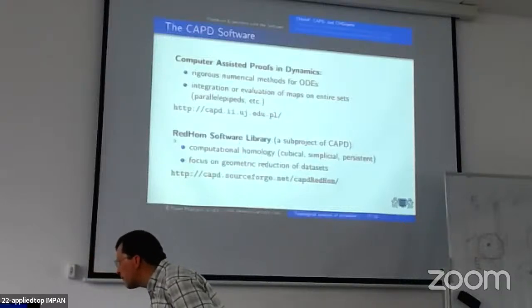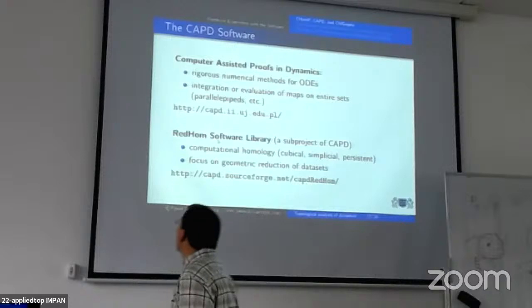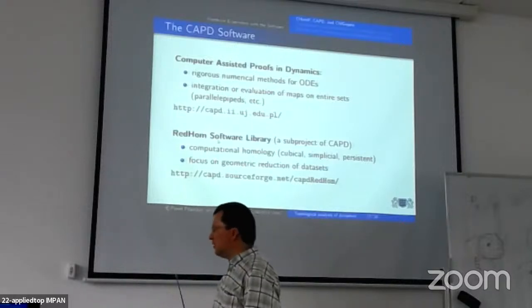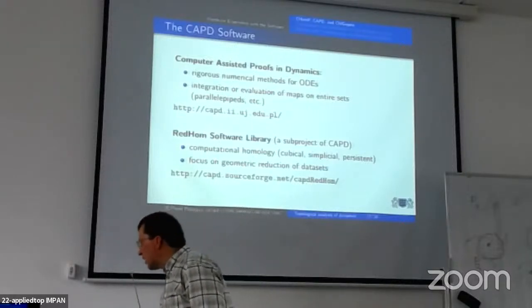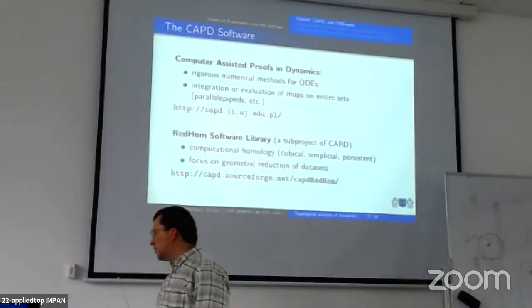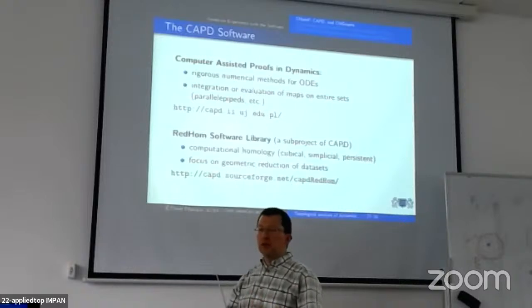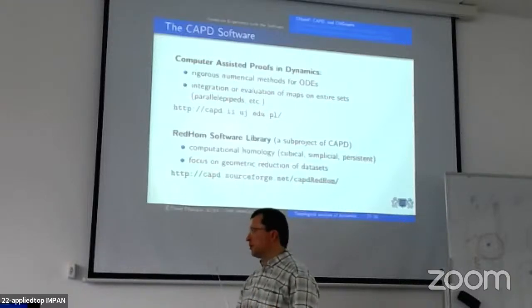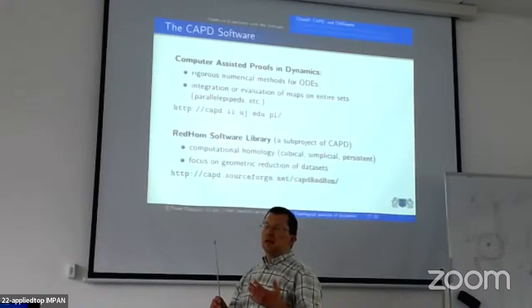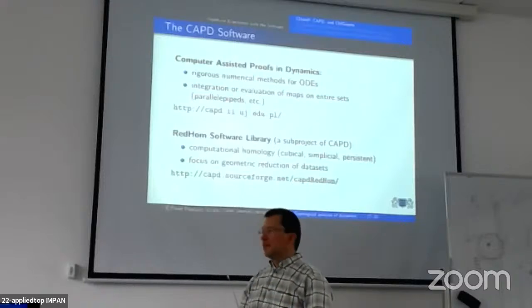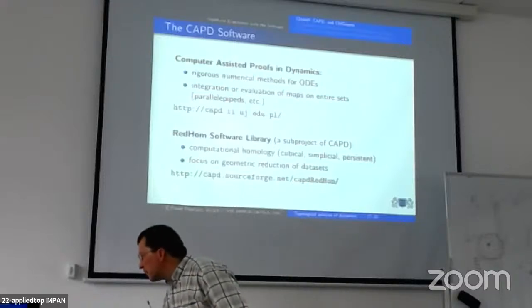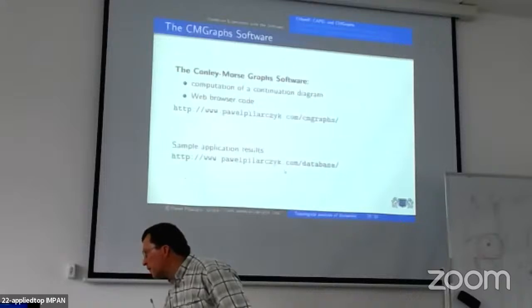And also the RedHom, like reduction homology project, is a subproject of CAPD, which is focused on computing homology of cubical sets, cubical simplicial sets, also persistent homology. And the focus is on geometric reduction of the data sets.